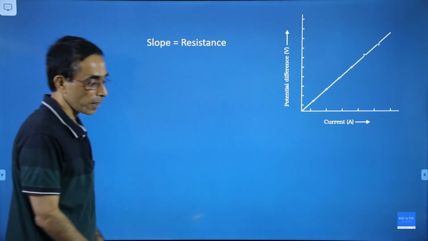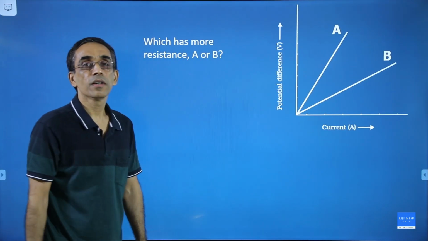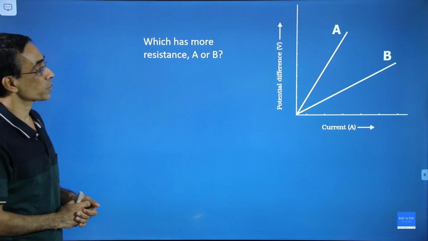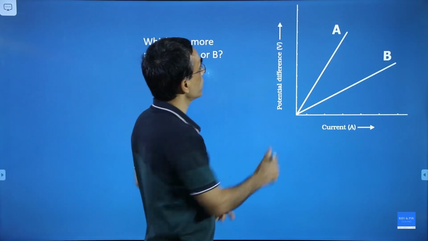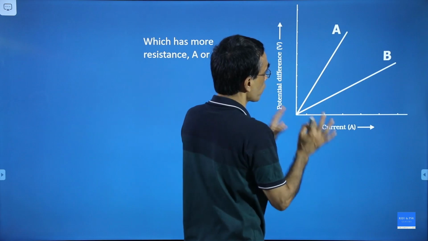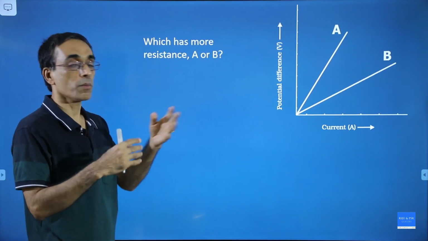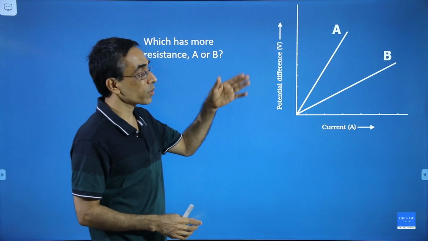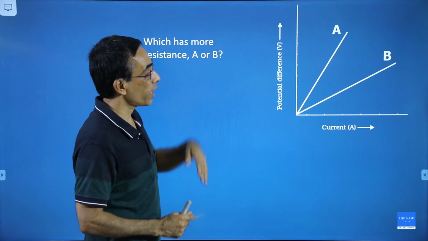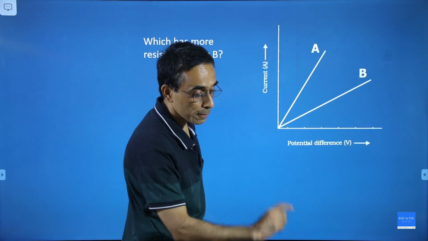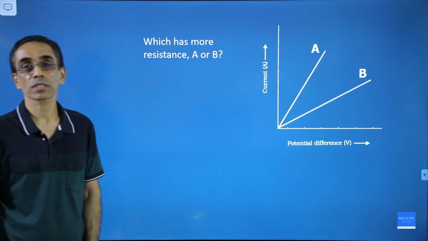Okay. Now, if it is so, answer this question. Answer in the comment box. See, this is the voltage axis, this is the current axis, slope is resistance. So, which line has got more slope? It has got more resistance. We can see A has got a higher slope, so it has got a higher resistance. But sometimes in examinations, they will try to fool you. Now, which one has got more resistance?